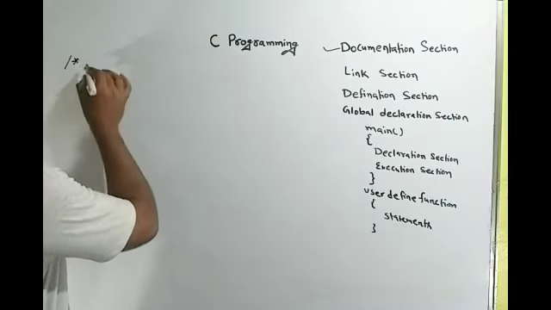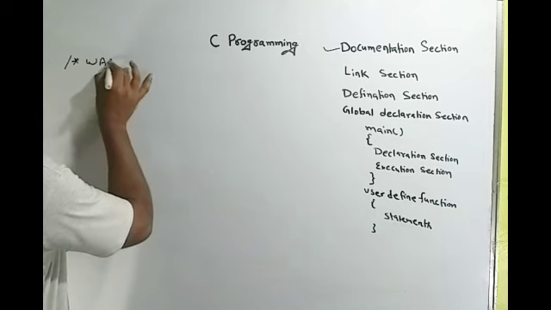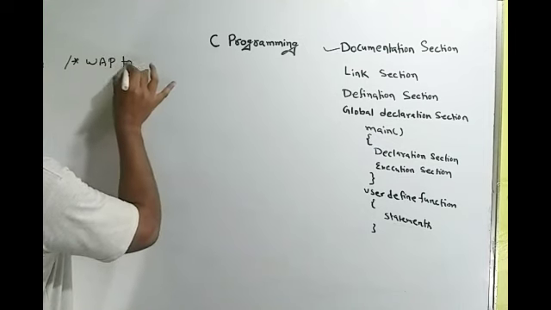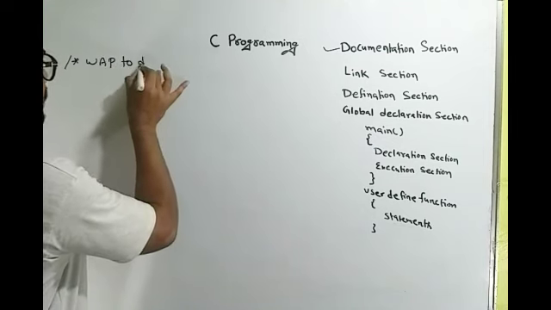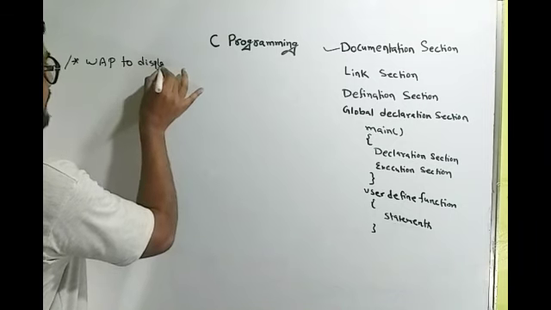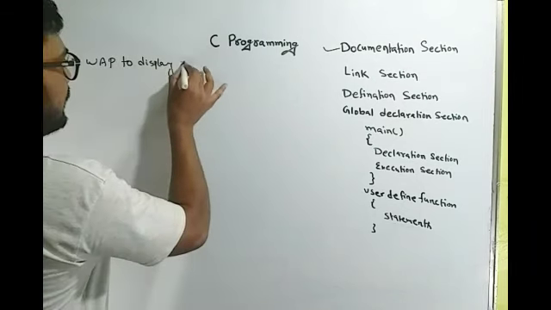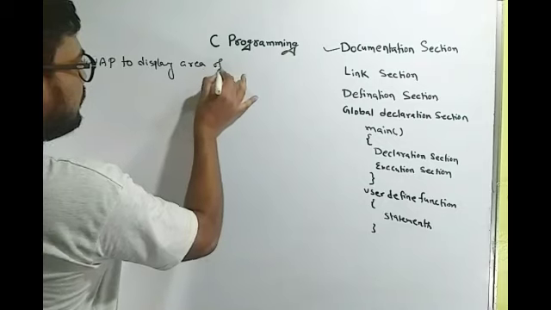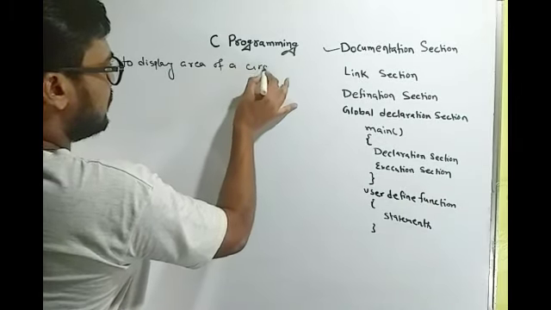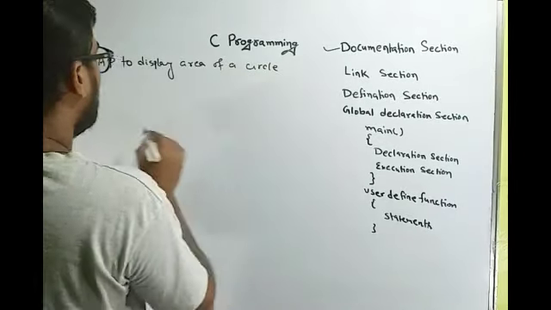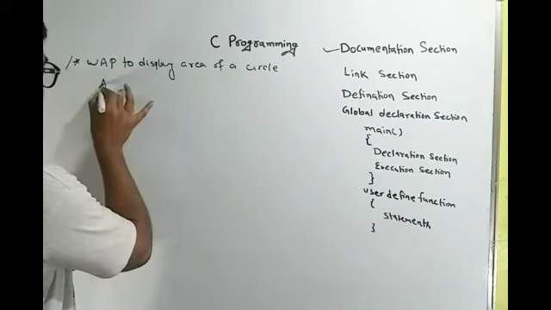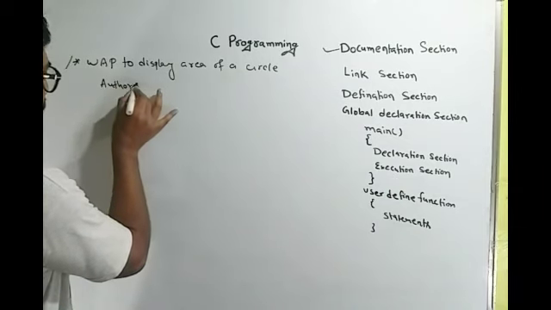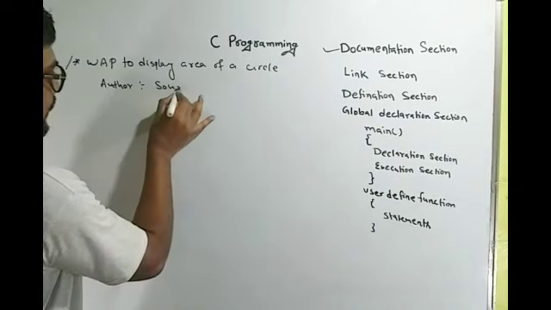Here we use the name of the program: write a program to display area of a circle. Next we use the author name. Author is like my name.